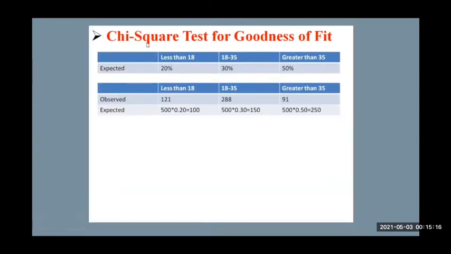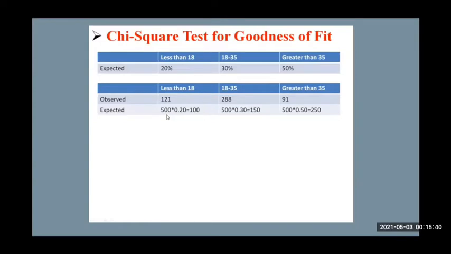So here's our formula, our graph, our table. This is the expected one, which is the 20% a while ago, then the 30%, then the 50%. Our observed data is 121, 288, and 91. Then we're going to get our expected data.